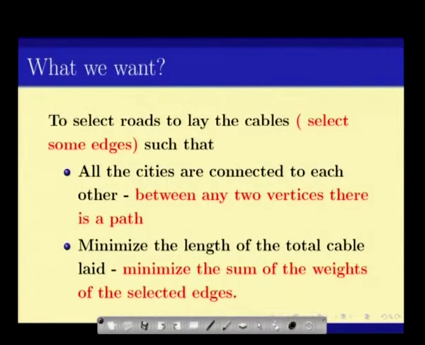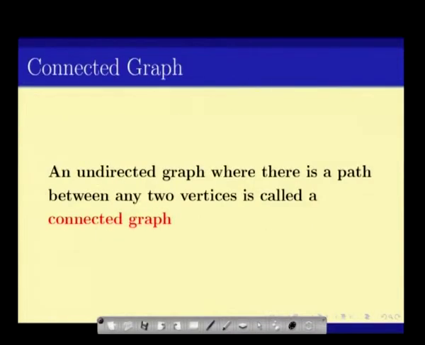In other words, we want to minimize the sum of the weights of all the selected edges. A graph where any two vertices have a path between them is called a connected graph. So, basically what we want is a subgraph which is connected and whose total edge weight is minimized.